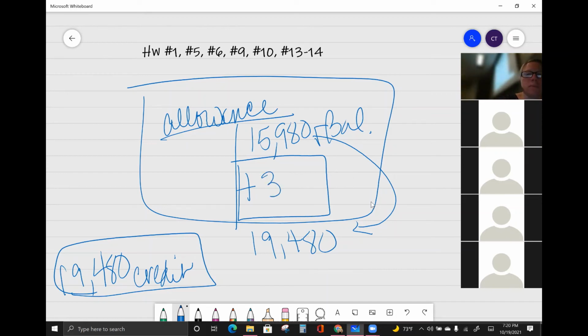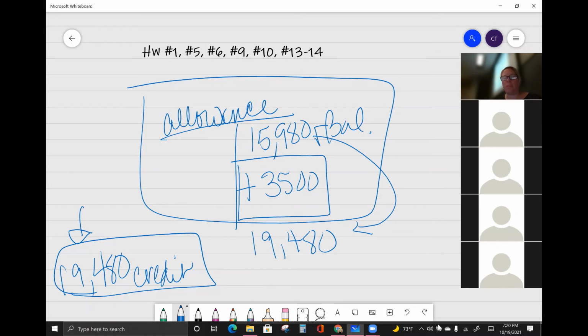Yes. Okay, so we have a difference of 3,500. So my adjustment, in order to get my account to equal this balance, I need to do a journal entry of $3,500 to make that happen.